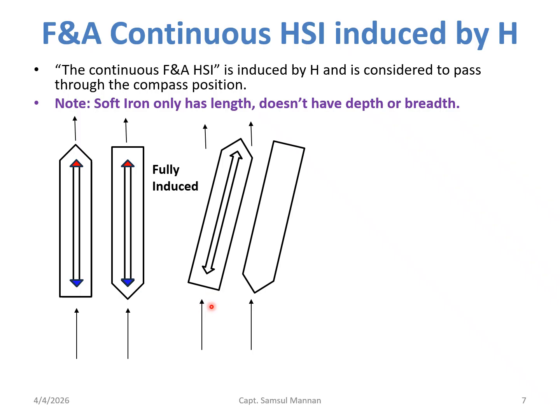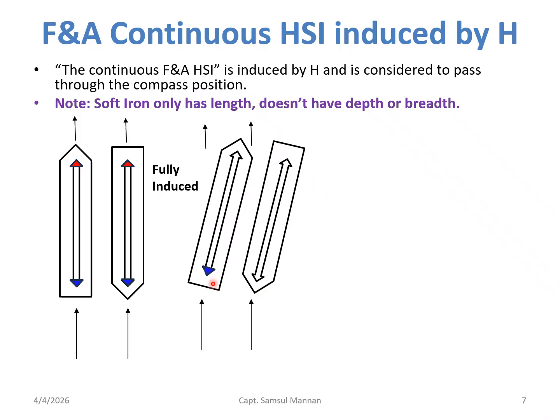As the magnetic lines of force are entering in this direction, at the astern of the ship we'll have a blue pole, and here a red pole. And when the ship's heading is 225, the forward of the ship will have a blue pole, and here we'll have a red pole.